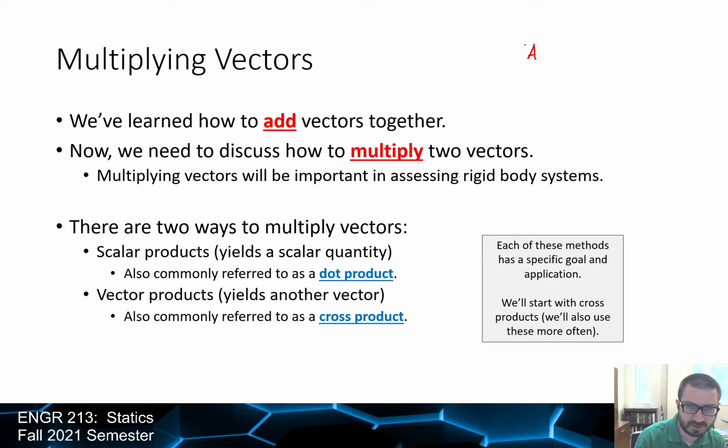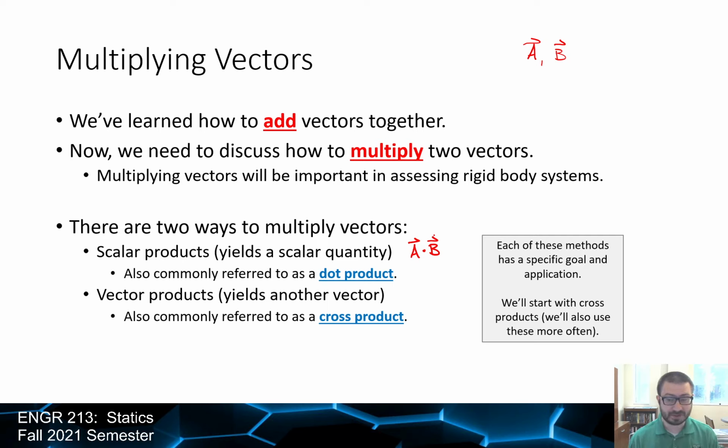So let's say I have vector A and I have vector B. If I want the answer to be a scalar, like A multiplied by B gives you 5, I represent that with the following notation. I say A dot B. And so we commonly refer to that as a dot product. So whenever you dot two vectors together, you get a number.